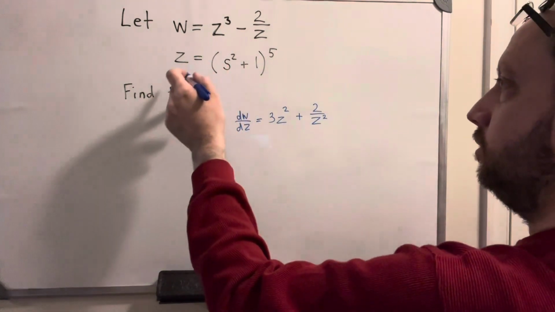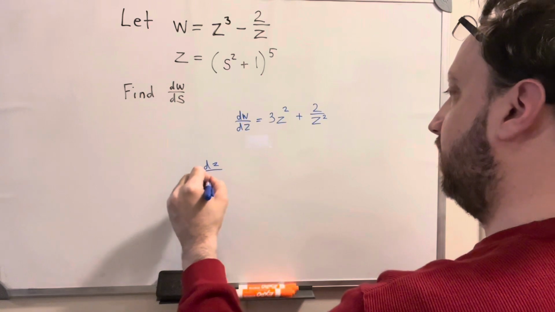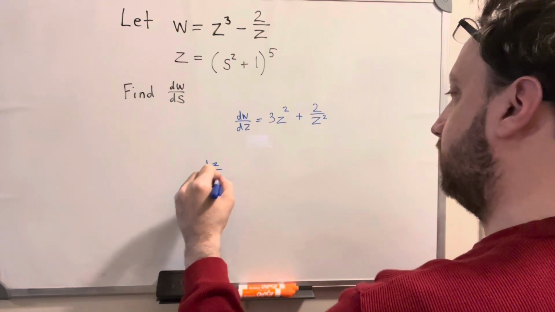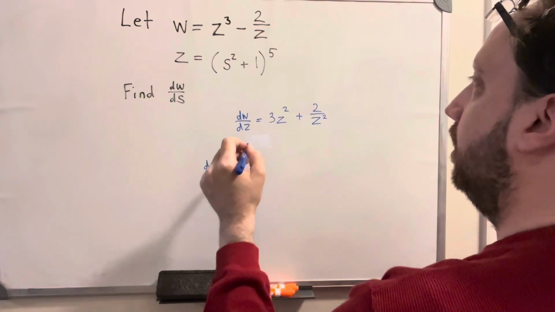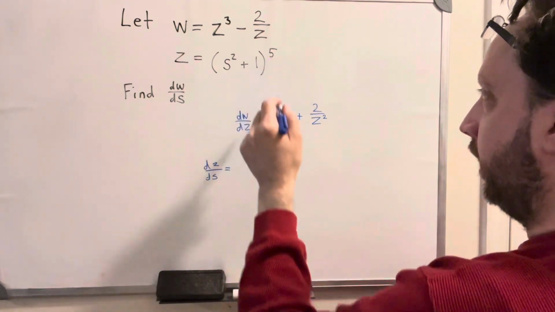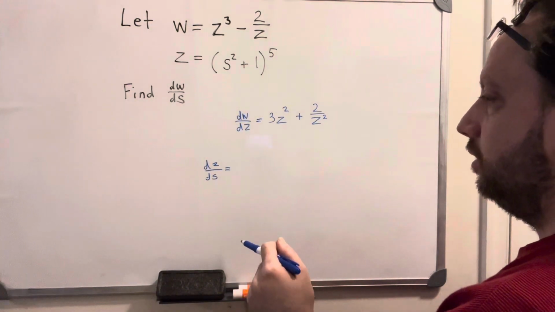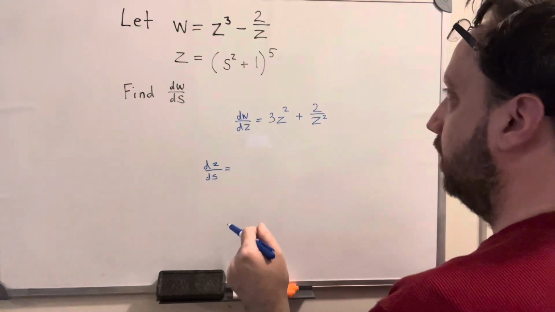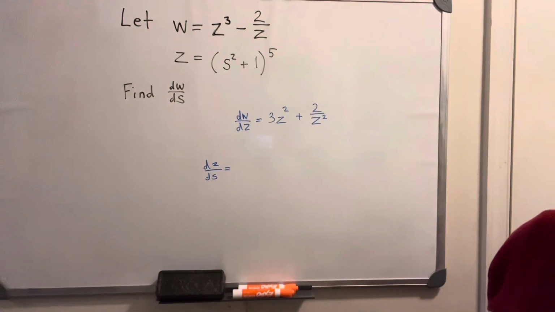Now, we want to find out what's dz/ds. What's the derivative of z with respect to s? In this case, we would like to use the chain rule rather than expand this binomial. Take a minute and pause and see if you can figure out what substitution is best.